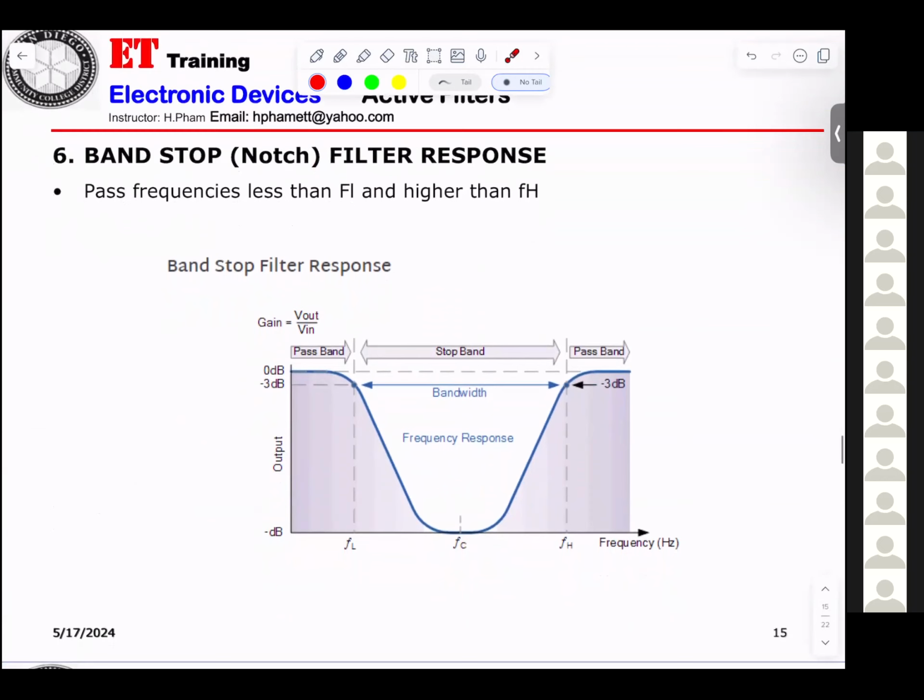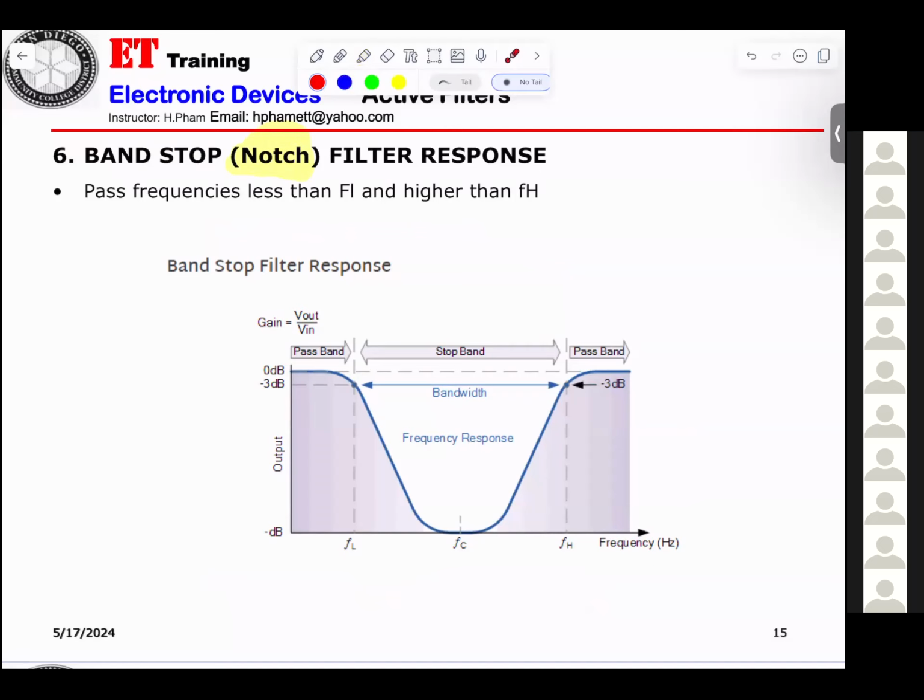Last one, band stop filter, or they call a notch filter. Same thing. Okay? Basically, they will be opposite to the band pass filter.